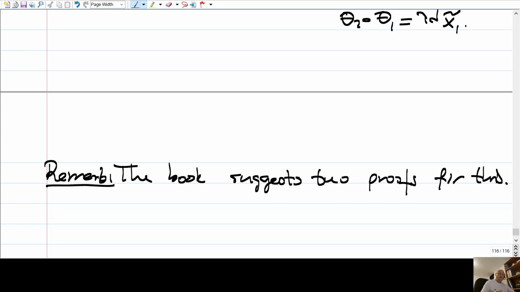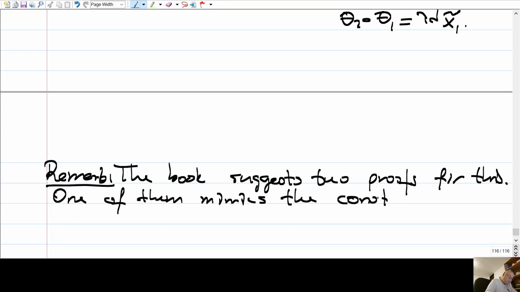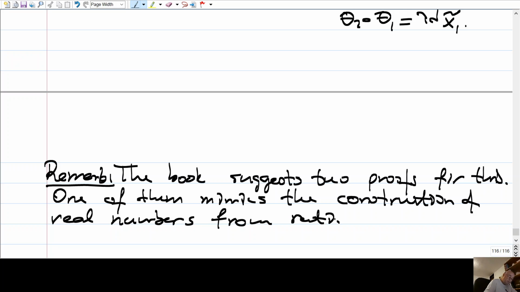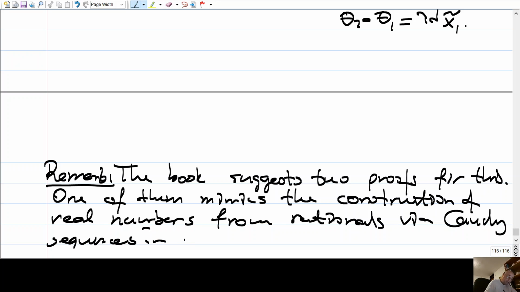One of them mimics the construction of real numbers from rationals via Cauchy sequences, Cauchy sequences in the rationals.